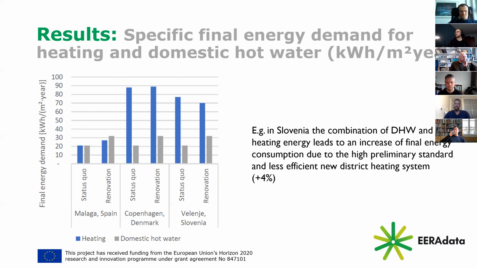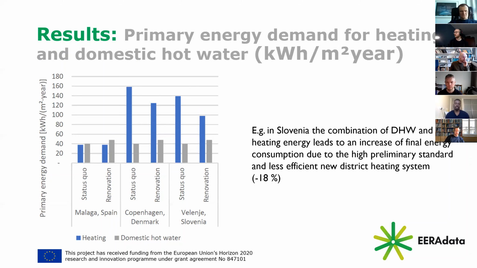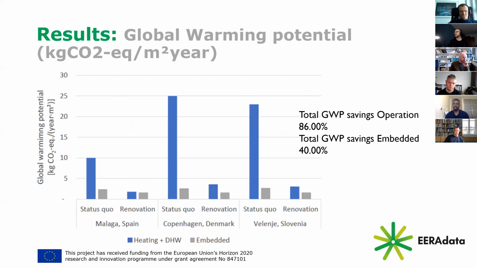So now we have even more energy consumption because of the low efficiency of the biomass and also because we added ventilation. Then if we go for the primary energy demand, it's the same or similar, but it gets very interesting when we look into the CO2 emissions.